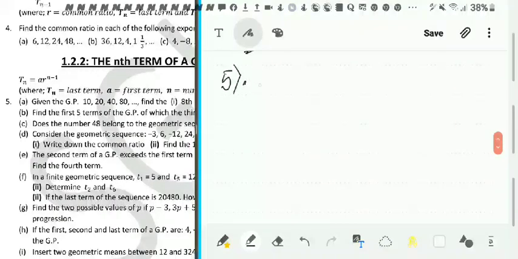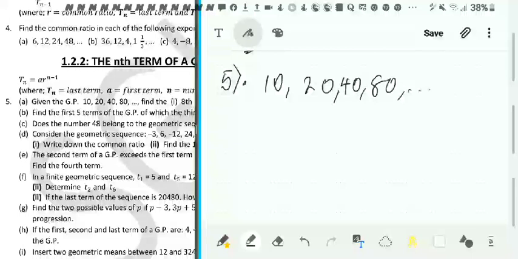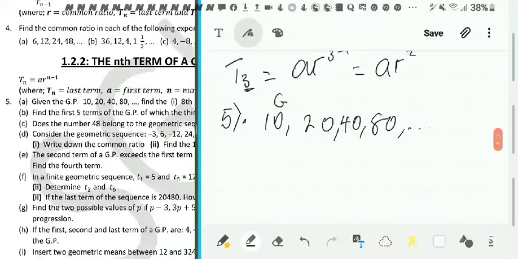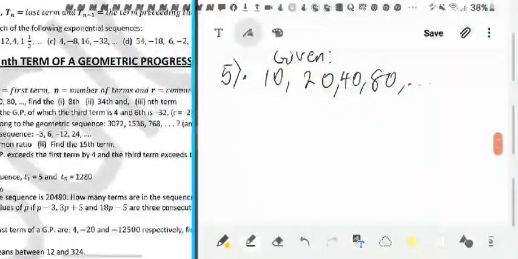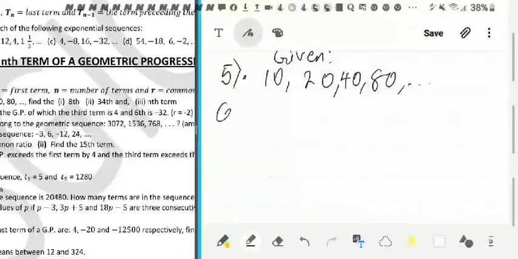Given the GP 10, 20, 40, 80, find the 8th term, the 34th term, and the nth term. So A, to find the 8th term. What's the 8th term?